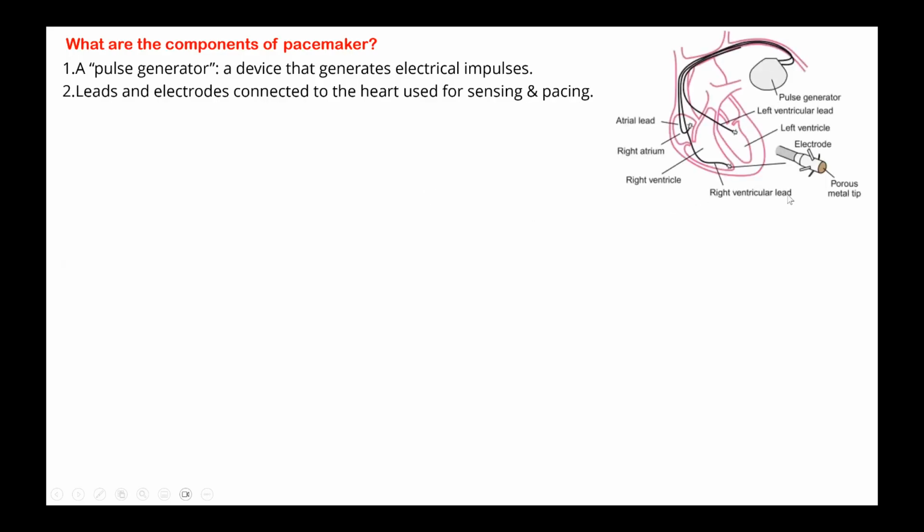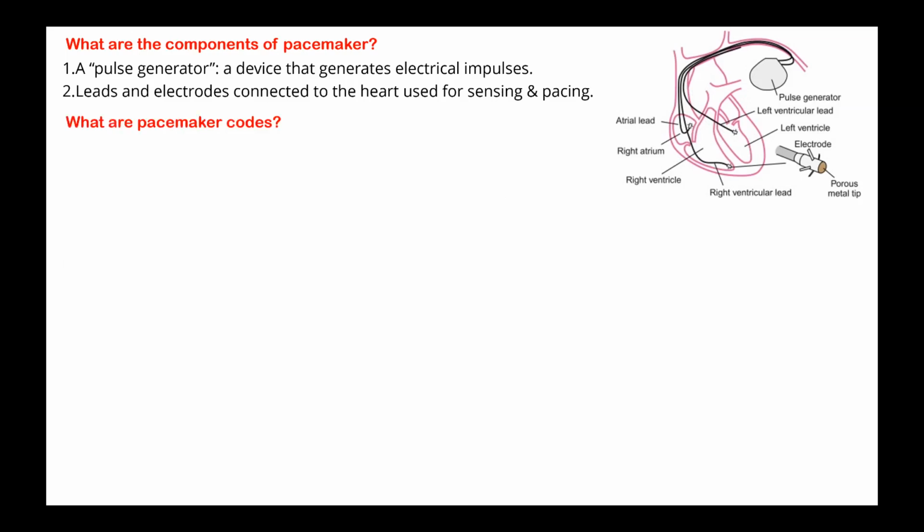You can see this is the pulse generator here, and then the lead is implanted either in the atrium or in the ventricle, and then attached to the endocardium of the right atrium or the right ventricle. It is passed through the venous system, the subclavian vein, then entering only the right side of the heart. Sometimes you can push it through the septum into the left ventricle also. So these are the three locations where it can usually be placed.